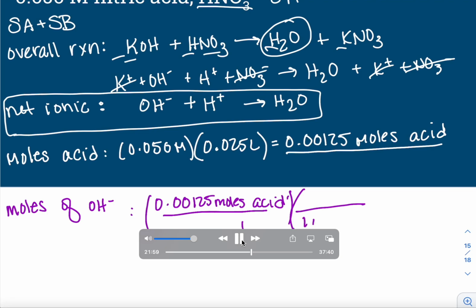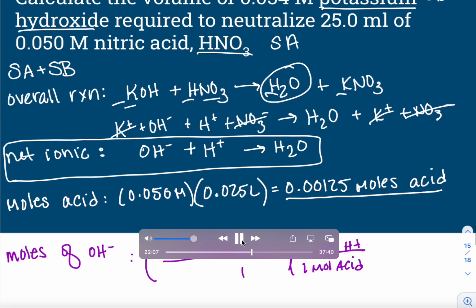For every 1 mole of acid, we have 1 mole of H+. That's because we have what we call a monoprotic acid. We'll talk more about that later in the unit. Monoprotic means 1 hydrogen. So 1 mole of acid gives us 1 hydrogen.